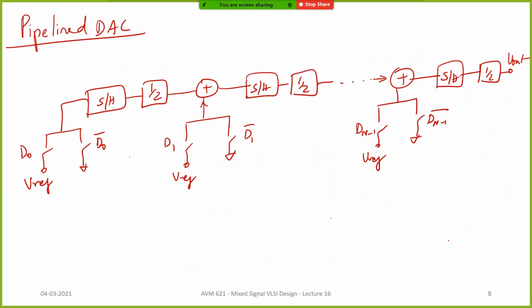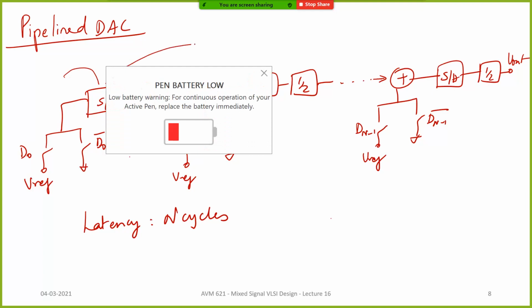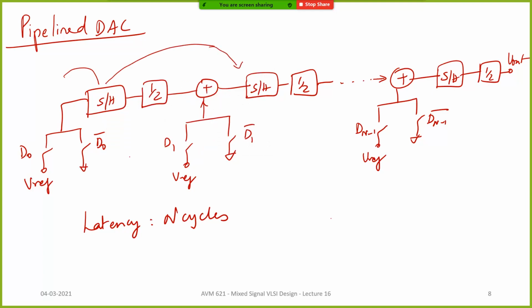All right, the previous one, here also you have a latency of n cycles. That is, if you give a digital input, you should have some logic which delays the MSB bits. So it propagates from here to here, and then from here to here, like that.